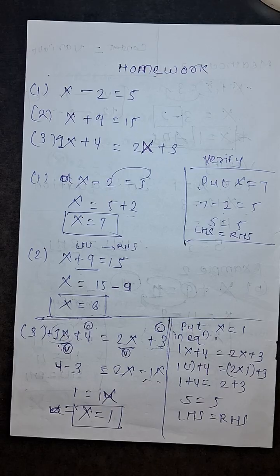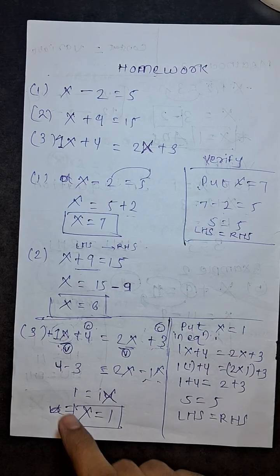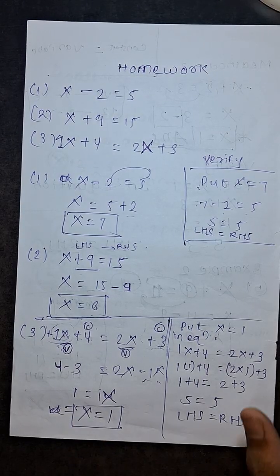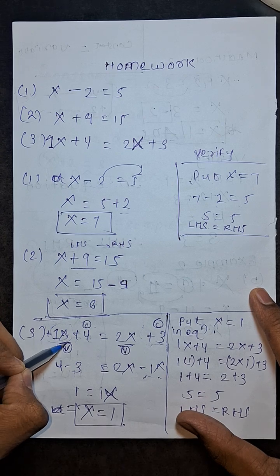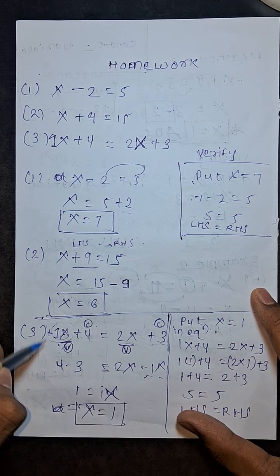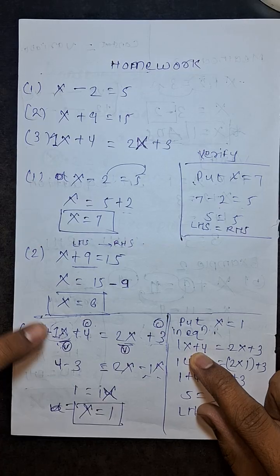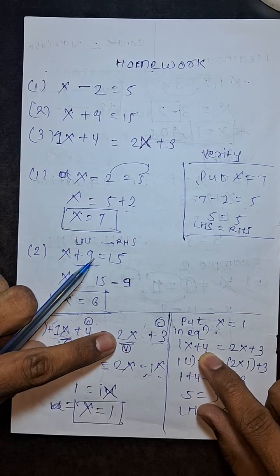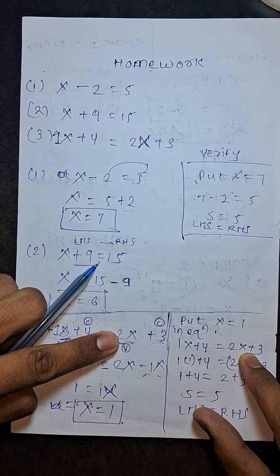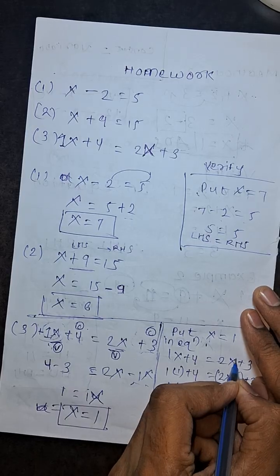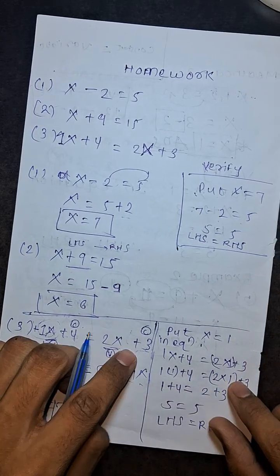So we'll try to verify this answer. Here 1 into x, this is multiplication. So 1 into 1 is 1, plus 4, from here 4 I have taken, is equal to 2 into 1 plus 3.